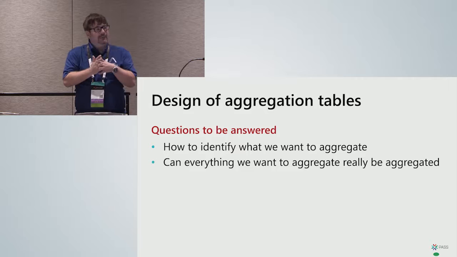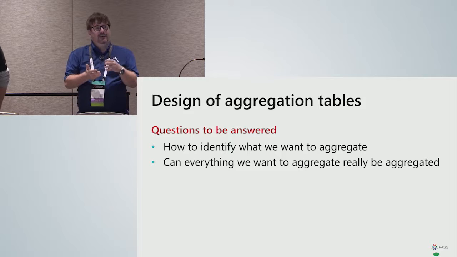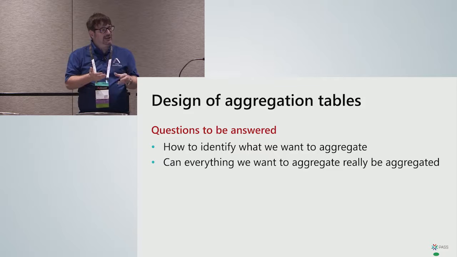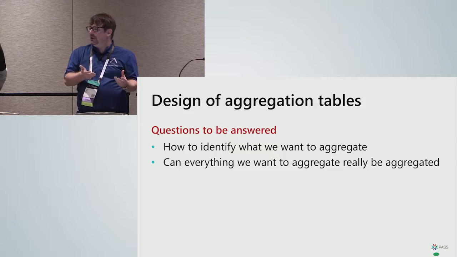And then we also have to consider whether it is possible to aggregate this data. Meaning, if we have some DAX measures that we want to calculate, is it possible to aggregate the data or not? Because if we aggregate data, we are also omitting detail, and then we cannot calculate our measures any longer.